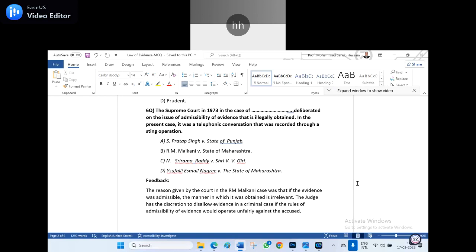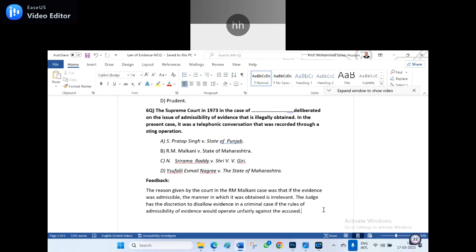The judges have the discretion to disallow the evidence in a criminal case if the rules of admissibility of evidence would operate unfairly against the accused. No one can be a witness in his own case. There would not be any force against the accused.